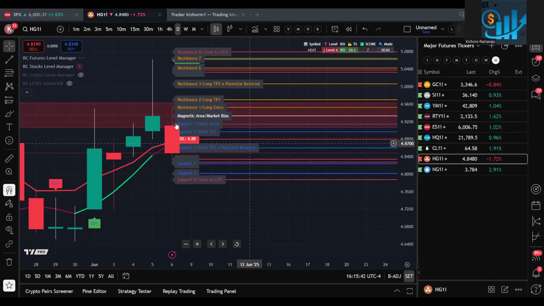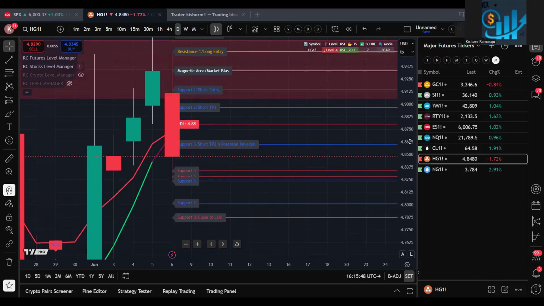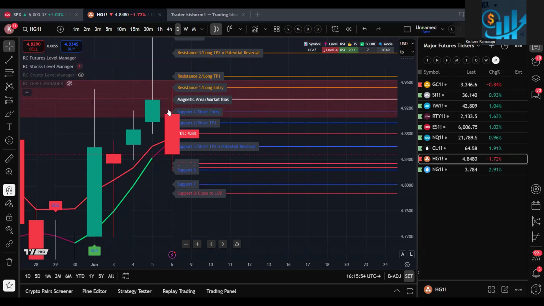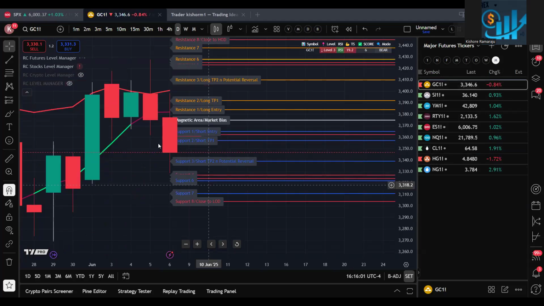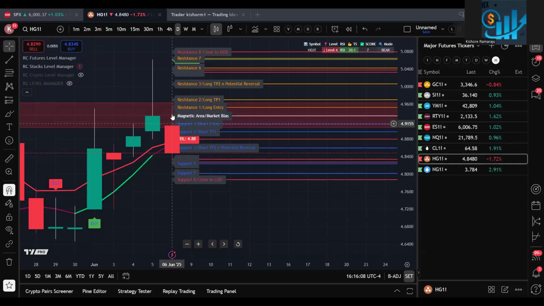Whereas copper, the day open was bearish, day close was also bearish. So that means it is very bearish. So when you have an opportunity between GC and copper, today if you take copper and you focus on the sell signals, you will make more profits, because GC was 80 or 75% bearish. Copper is nearly 100% bearish.